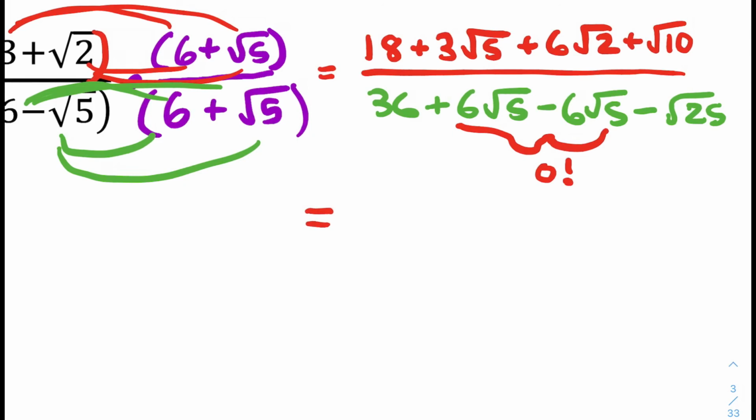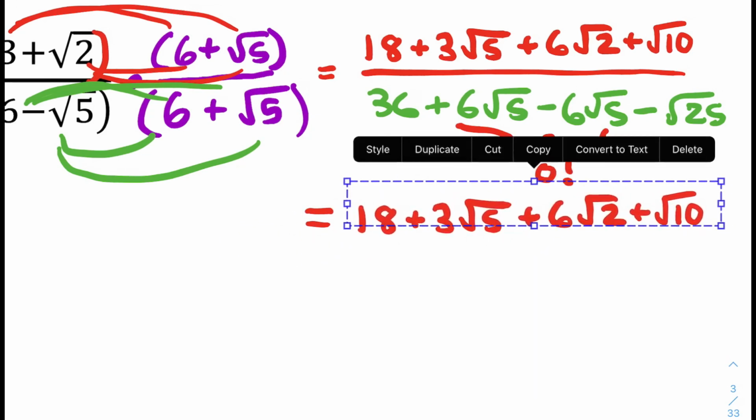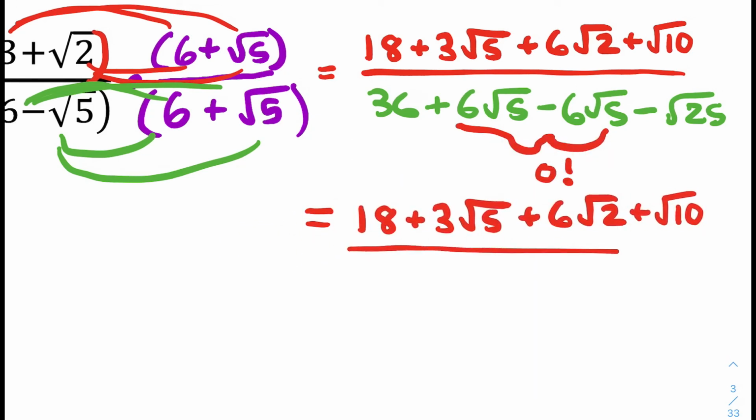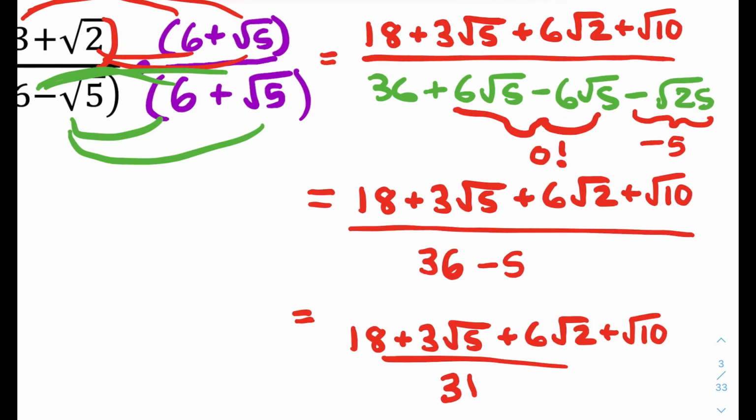So really, I'm going to be able to simplify a lot of this. Not on top though, no like terms, all of these have different radicals. Copy and paste that. On the bottom, square root of 25 is 5, so I just have 36 minus 5 down there. No more radicals in that denominator, which is what I was going for. So I just have that whole thing over 31.